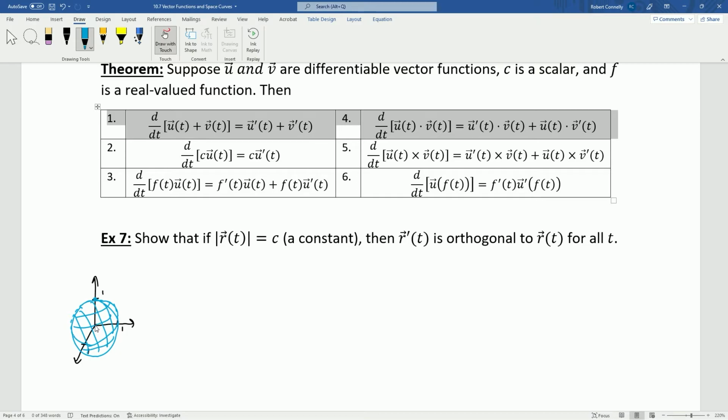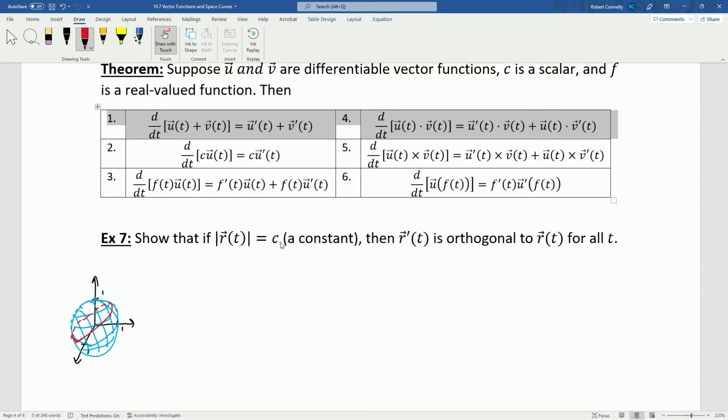So that means if we've got a sphere centered at 0, 0, 0, then each vector for each t lands us on a point on the sphere. Now, of course, we're talking about curves, not surfaces, so maybe we should really be thinking of any curve that just travels along the sphere. So this would be our r of t, some curve on the sphere. So the vector length is going to be c the whole time. It might be pointing in the opposite direction or something, but the magnitude of this is going to be c always.